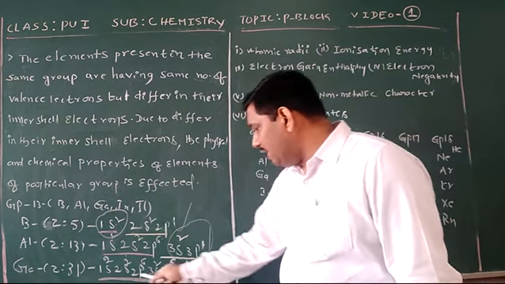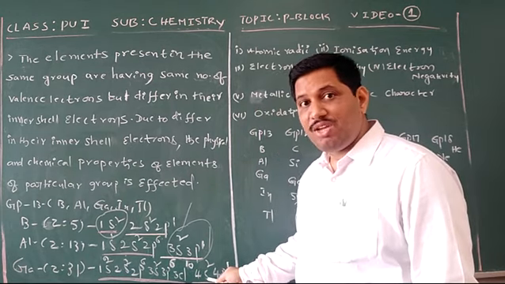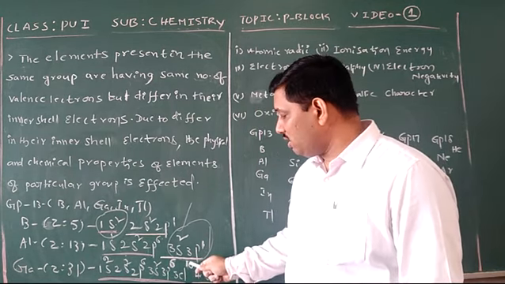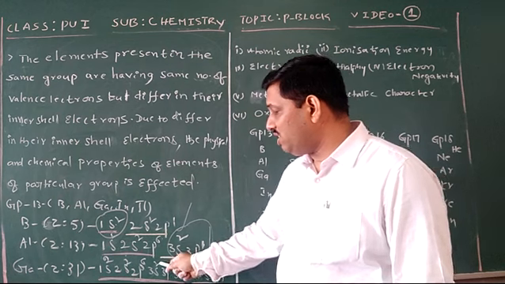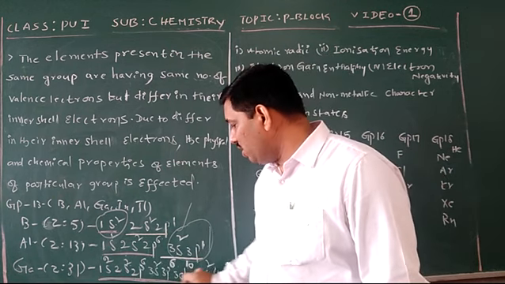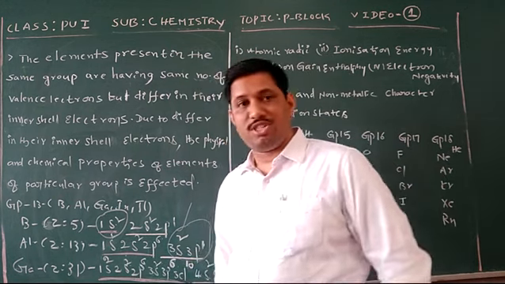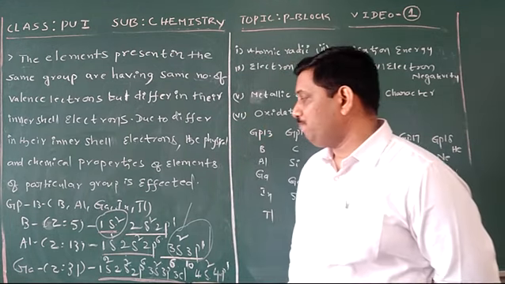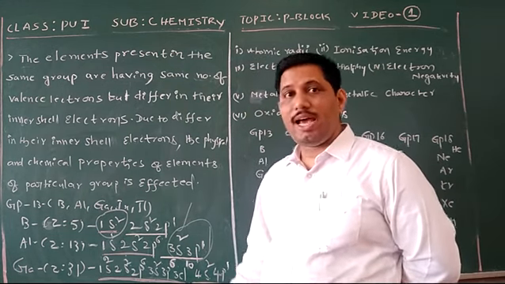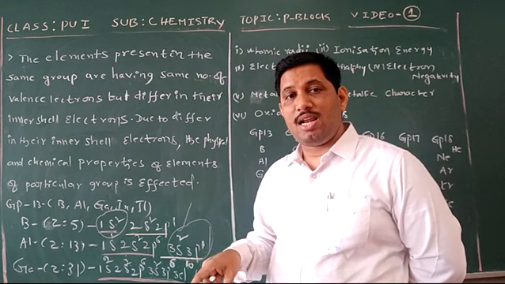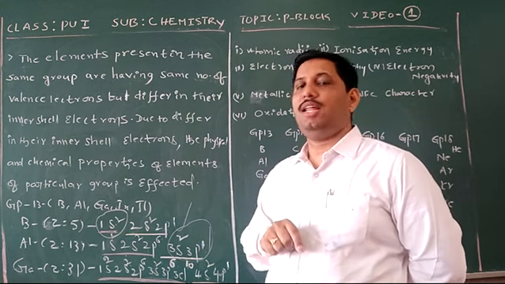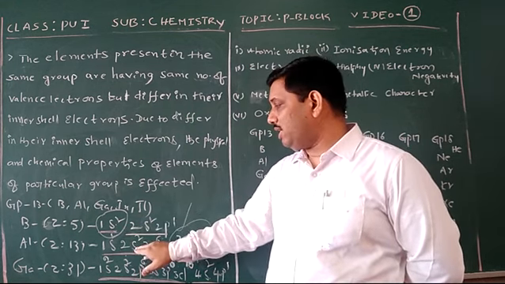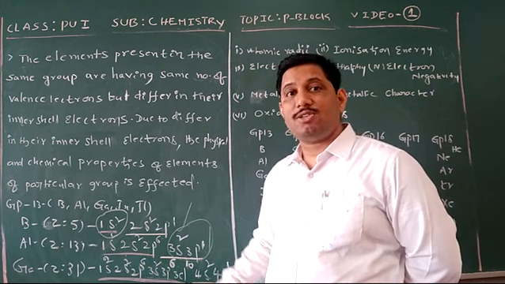Similarly, gallium 4s2 4p1, 3 valence electrons, but the inner electrons are 10 plus 18, that is 28. Therefore, these elements have the same number of valence electrons but differ in their inner electrons. Here 2, here 10, here 28 inner electrons are present.